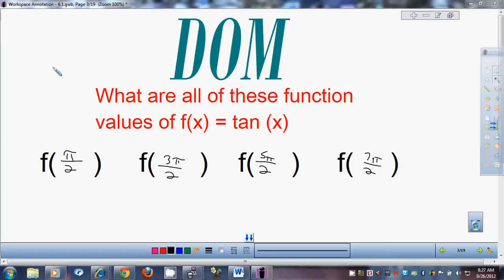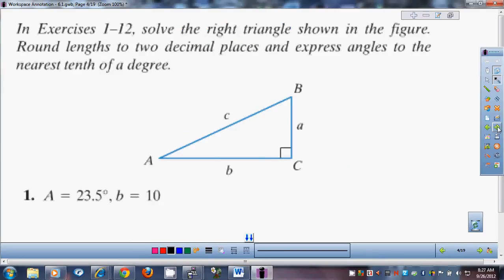Another thing I want to briefly show you before we start today's lesson: now I don't foresee myself being gone anytime in the near future, but should I get sick or something, at the very end of this chapter, there's a lot of questions like this, solving the right triangle, and there's another one we're going to look at in just a second.